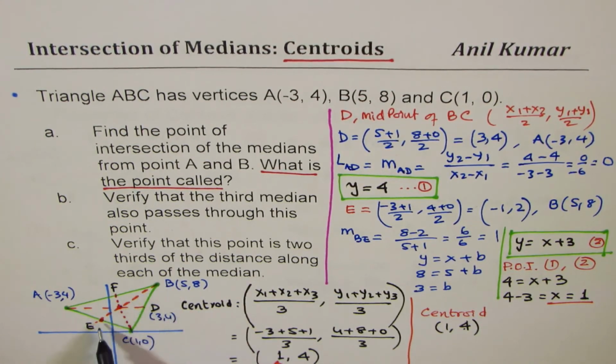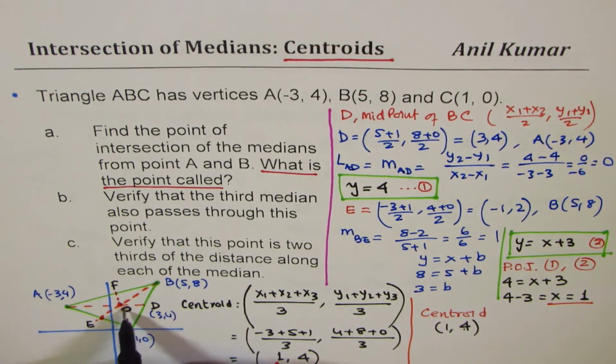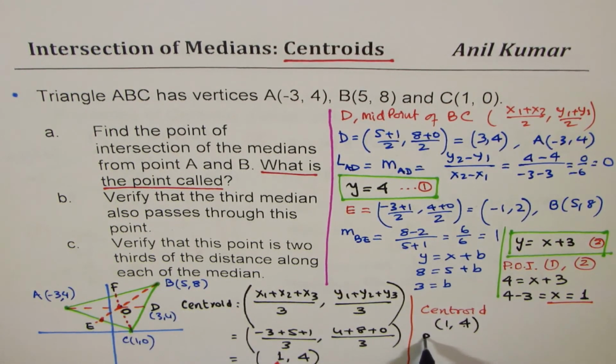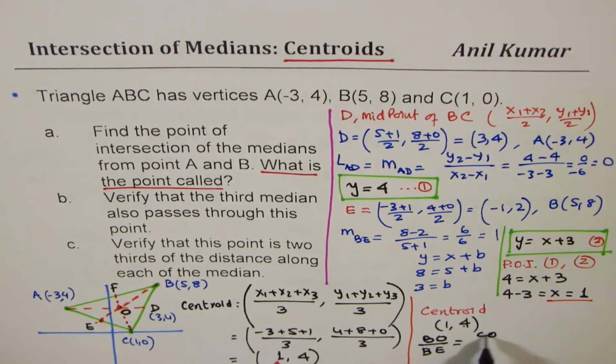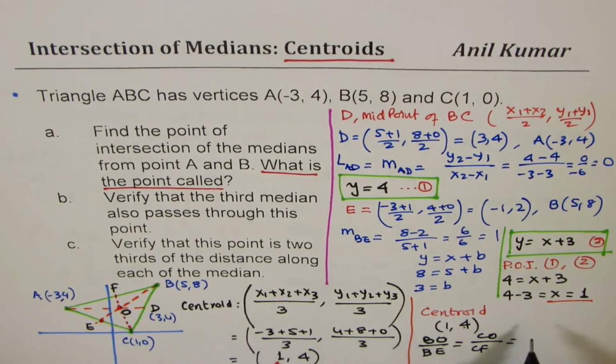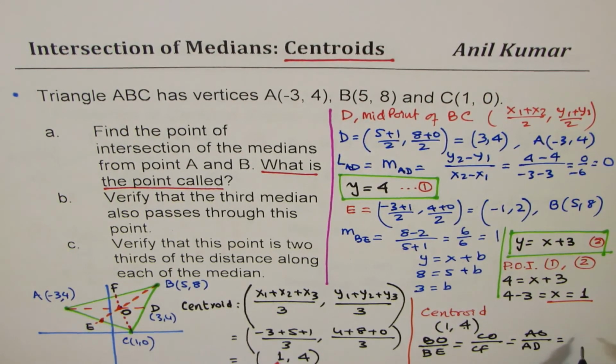So in this particular diagram, which is the better one, let's call this point O. You can calculate that BO over BE is equal to CO over CF, which is equal to AO over AD, which is equal to 2/3.